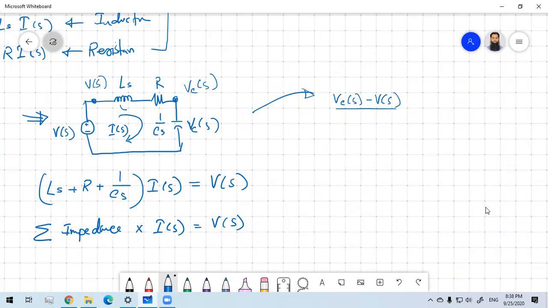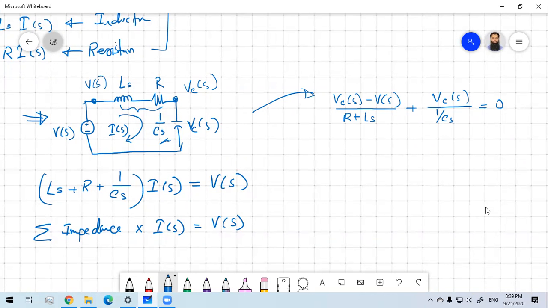So total impedance here is basically these two, so R plus LS, plus VCS divided by the impedance of this one, so 1 by CS. So the summation of the total current in the node must be equal to 0.